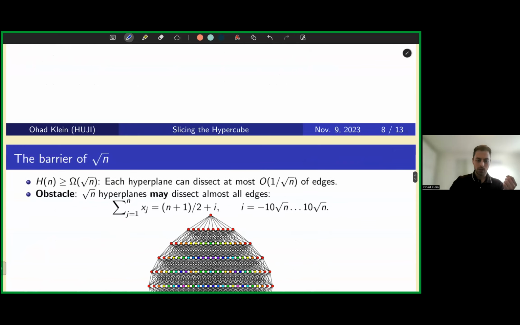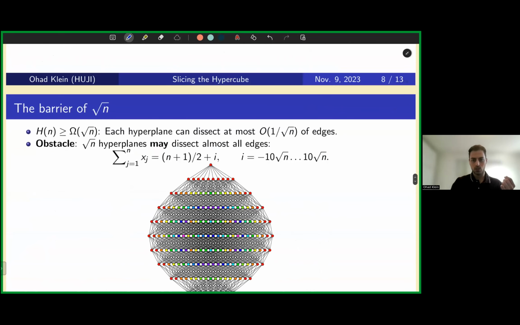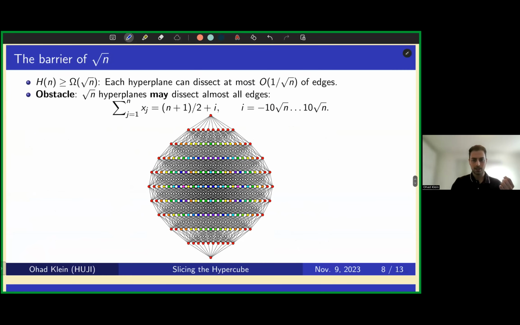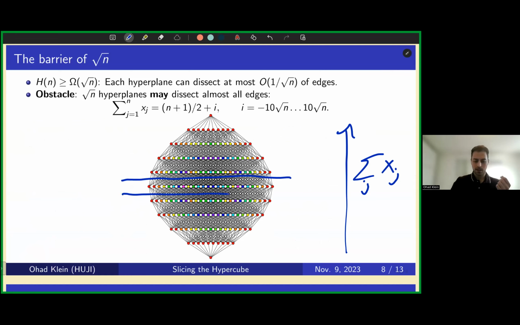In fact, once we get to square root of n hyperplanes, we can dissect almost all edges. To see this, arrange all points in the hypercube according to their Hamming weight. Now, if we consider these diagonal hyperplanes, then we can see that they dissect all edges in some layer.